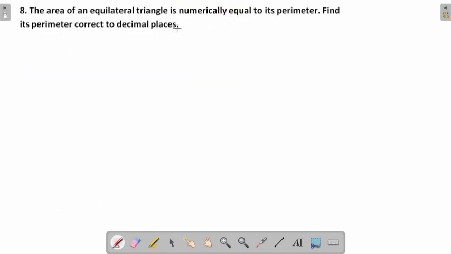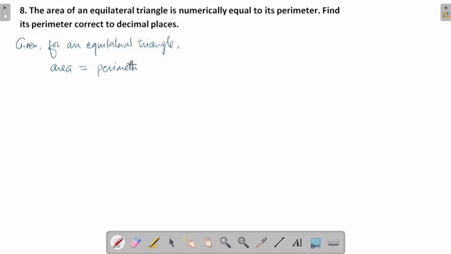Let's move to the next question, question number 8. It is given that the area of an equilateral triangle is numerically equal to its perimeter. So for an equilateral triangle, your area is numerically equal to perimeter.